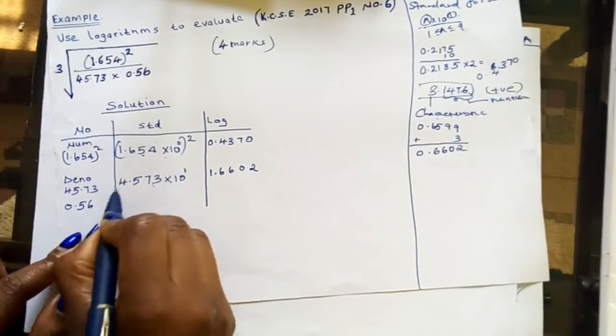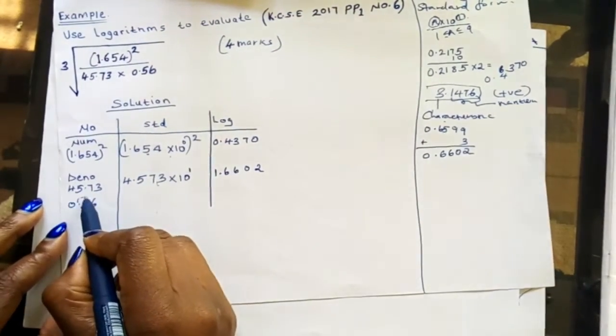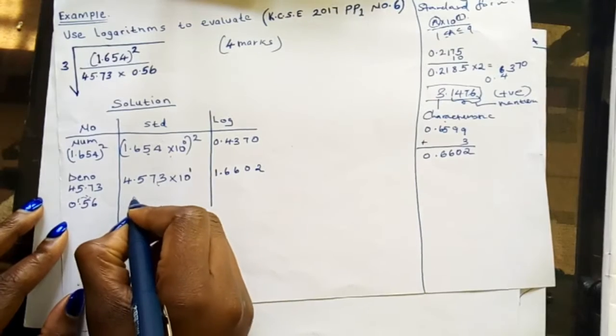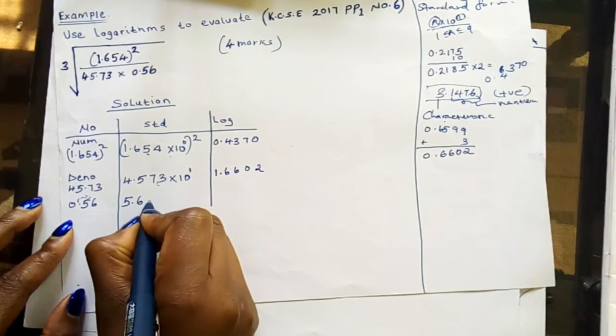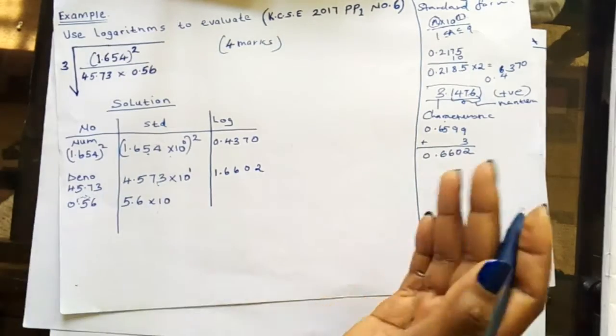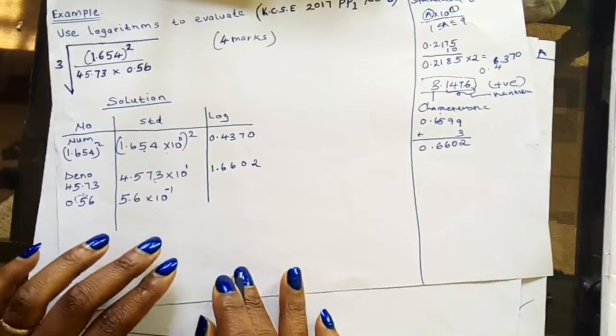When you are writing in standard form, you move this decimal point to the right side. So we shall have 5.6 times 10. Now because we are moving towards the right side, we shall have power -1.